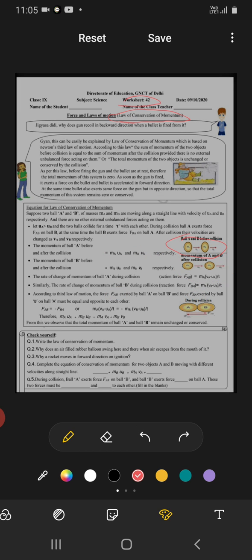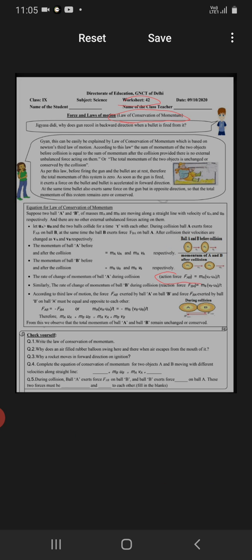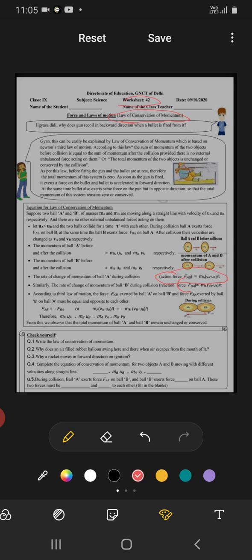For that, the rate of change of momentum is written as Fab and Fba for both the balls. That is, rate of change of velocity into mass upon t: ma (va minus ua) upon t, and mb (vb minus ub) upon t. So this is the equation for change of momentum.